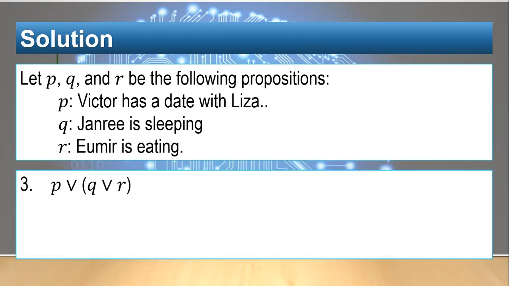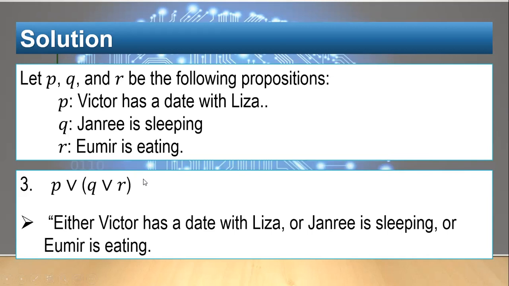P or Q or R. So that is either Victor has a date with Lisa or Janry is sleeping or Yumer is eating. Okay, so we just combined three sentences using or.